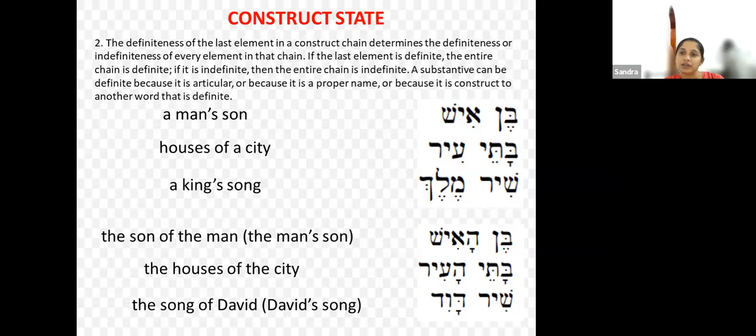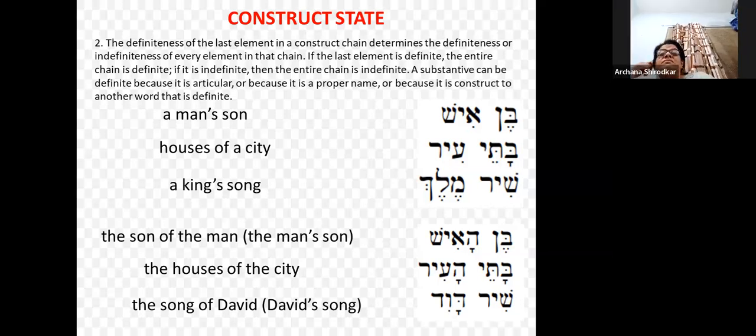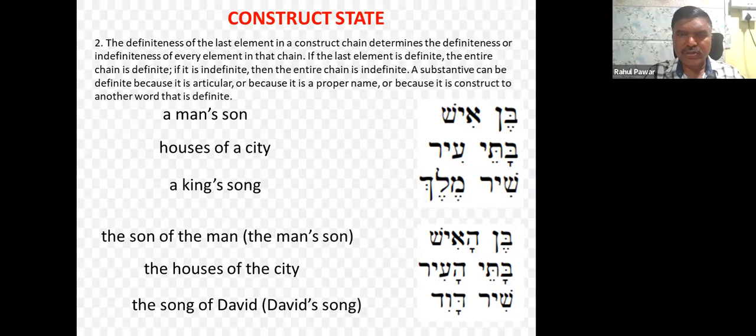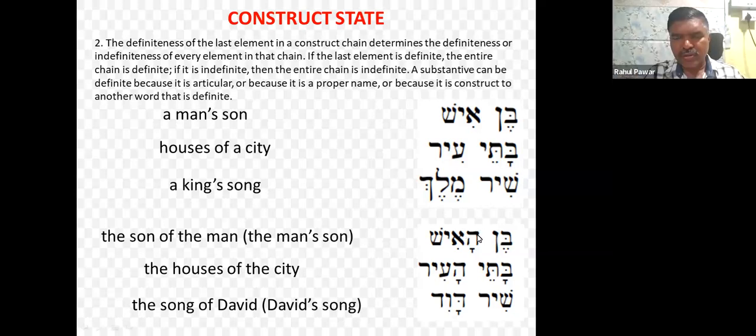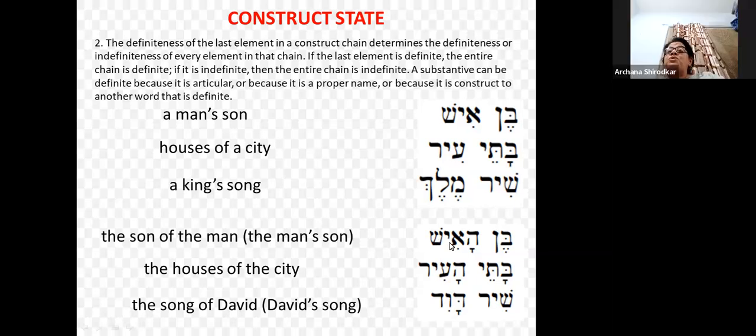Haben is not required. No, Haben is not required, because Ish is considered to be a noun in absolute state.